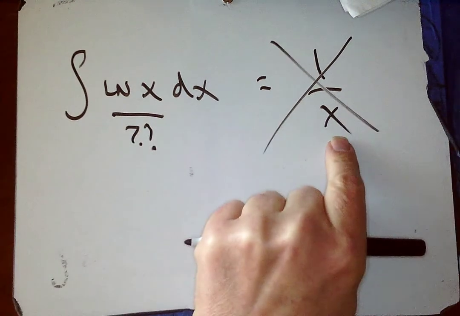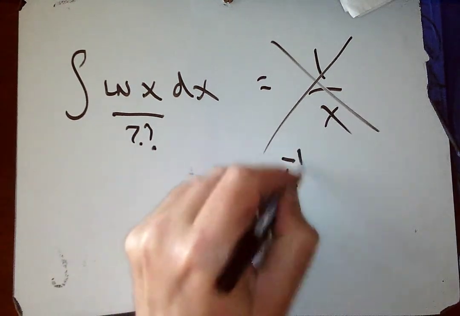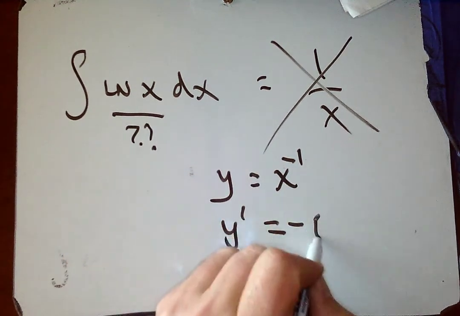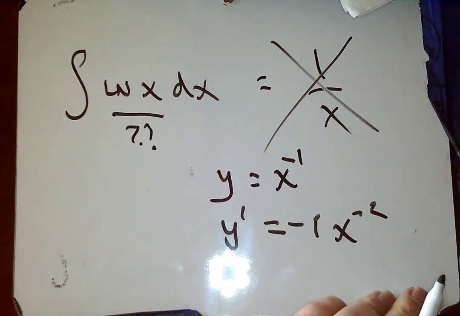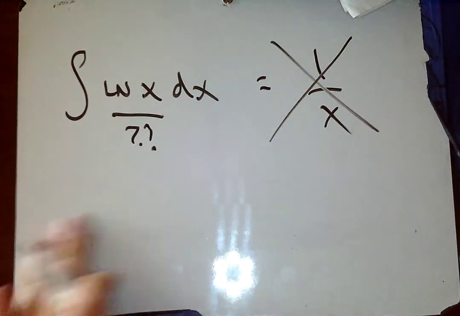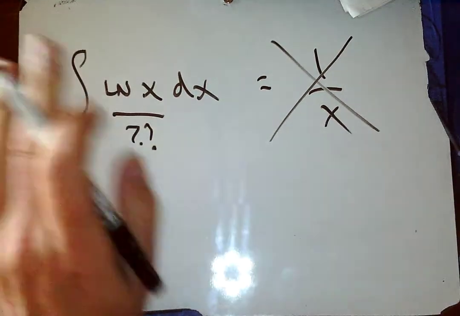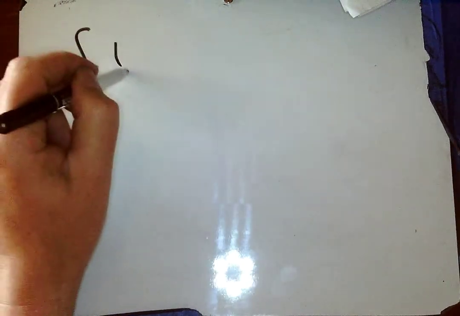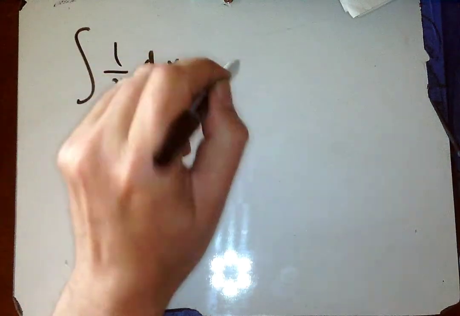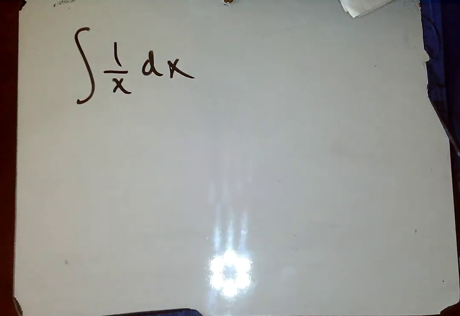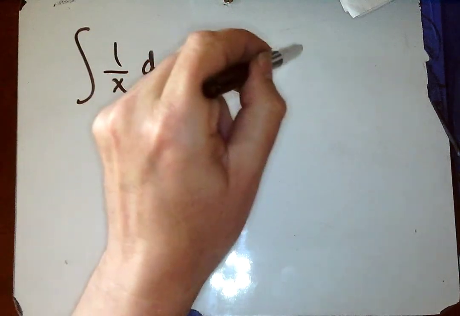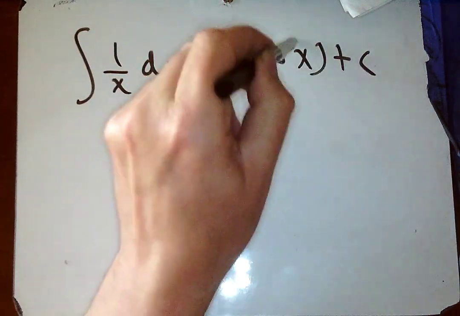You're not the derivative of 1 over x, or x to the negative 1. We know the derivative of x to the negative 1 is negative 1x to the minus 2. No. Whose derivative? We'll find out in Chapter 7. For right now, though, whose derivative is this? 5, 4, 3, 2, 1. Excellent. ln of x plus c.